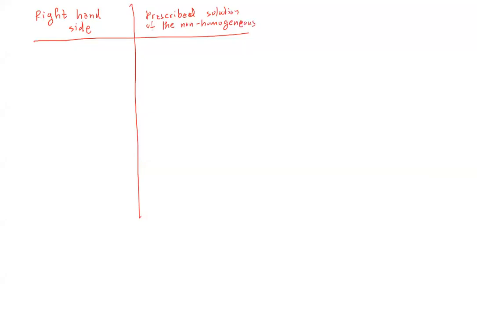And somebody might ask, do we have to learn this list by heart? And the answer is that this list is pretty much common sense. So there's nothing exotic about this list. So pretty much, if you have a polynomial of degree n, then the prescribed solution should also be a polynomial of the same degree.